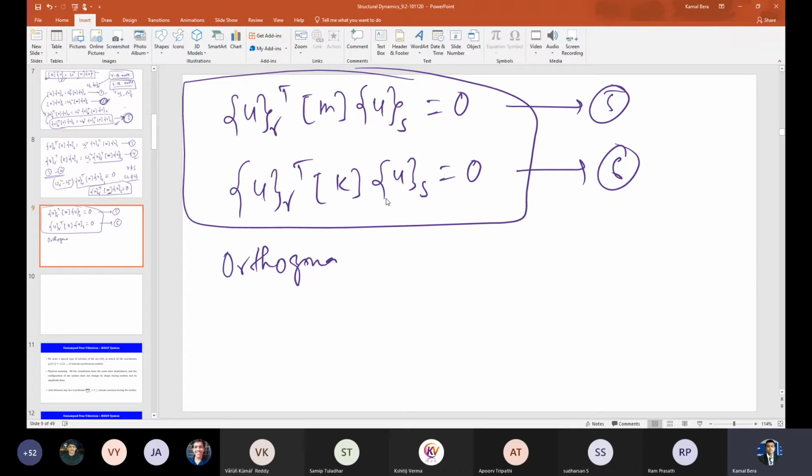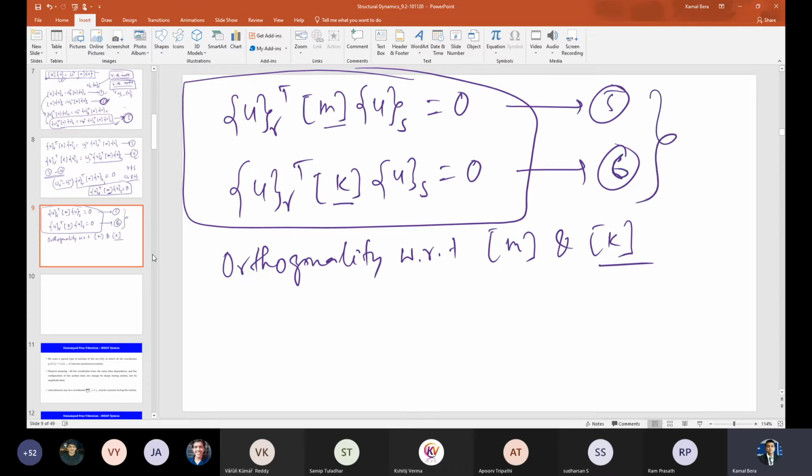It is the orthogonality with respect to the mass and the stiffness matrix. Any doubt here in these two expressions, how this is coming? All agree with me? Okay.